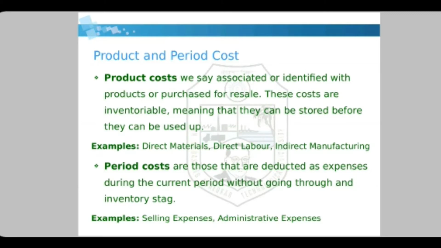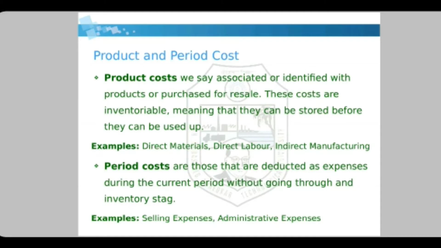Whenever they use 100 kilograms of steel bars for making a product and then sell that product, that becomes an expense, and that will be the overall product cost. Examples of these are direct material cost, direct labor cost, and indirect manufacturing cost.